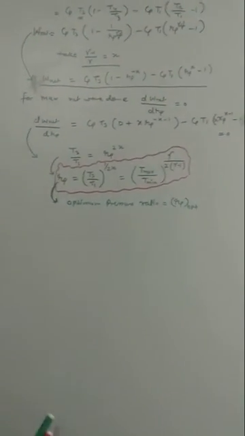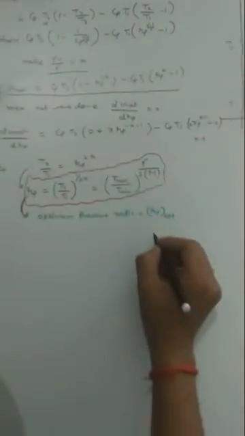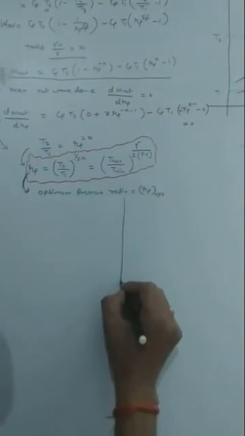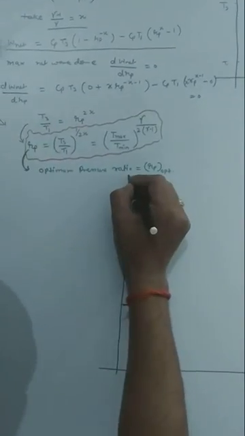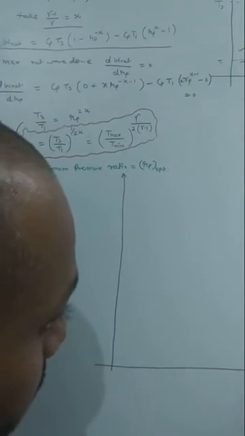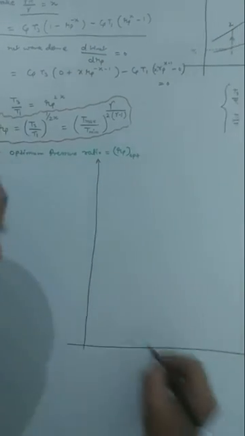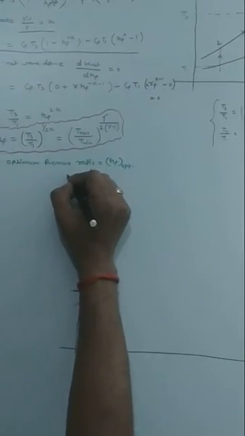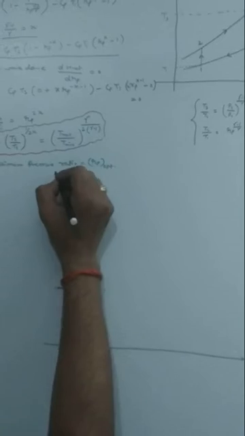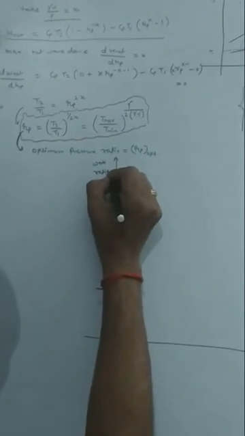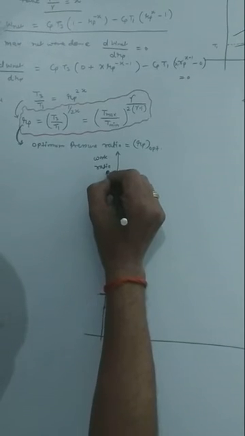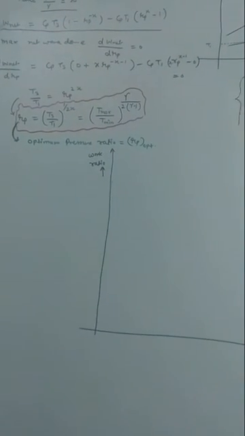Okay, now in the diagram we can see the variation of net work done, or work ratio, with respect to pressure ratio Rp.